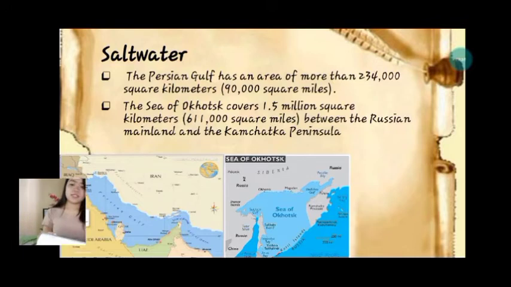The Gulf is subject to high rates of evaporation, making it shallow and extremely salty. So the Persian Gulf is on the left side at the bottom, and the other picture is the Sea of Okhotsk. The Sea of Okhotsk covers 1.5 million square kilometers or 611,000 square miles between the Russian mainland and the Kamchatka Peninsula.